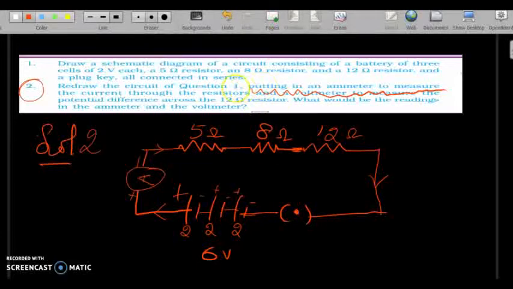Apart from that, we have to connect a voltmeter.